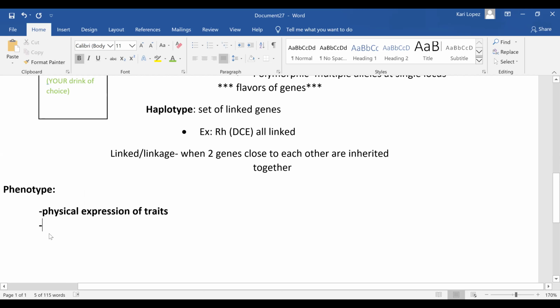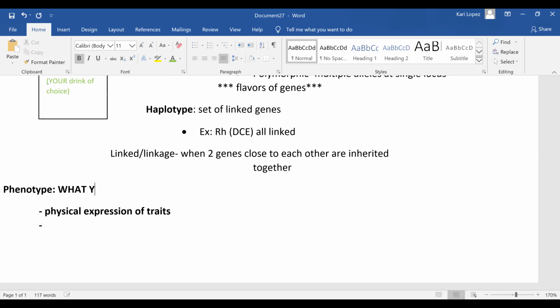Physical attributes or what you see. Yep, so what you see. It's going to be your physical expression of traits. It's determined by hemagglutination of red blood cell antigens. What is that?